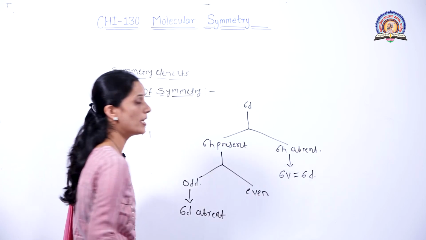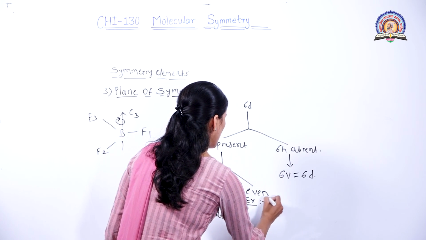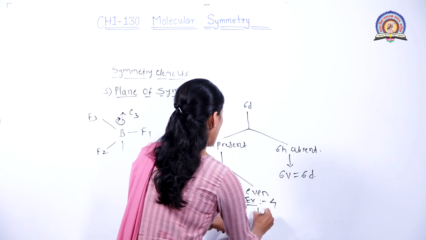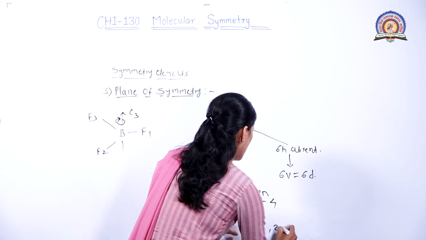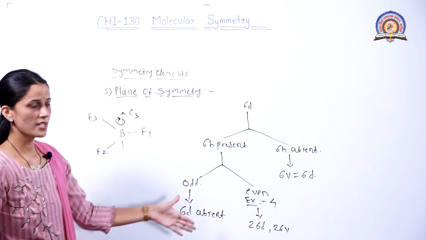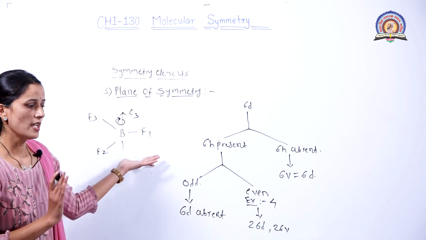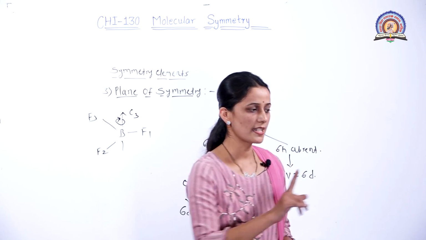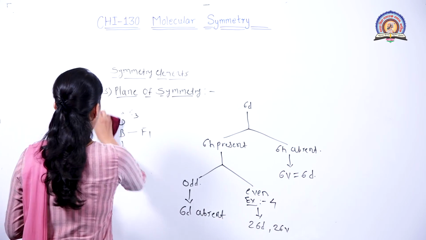And if the number is even, for example, we have 4 ligands, at that time 2 sigma d and 2 sigma v are present in that molecule. So simply from this trick, BF3 doesn't have sigma d. Okay, so BF3 only has sigma v and sigma h. So let's see the next and the last molecule, that is square planar geometry.